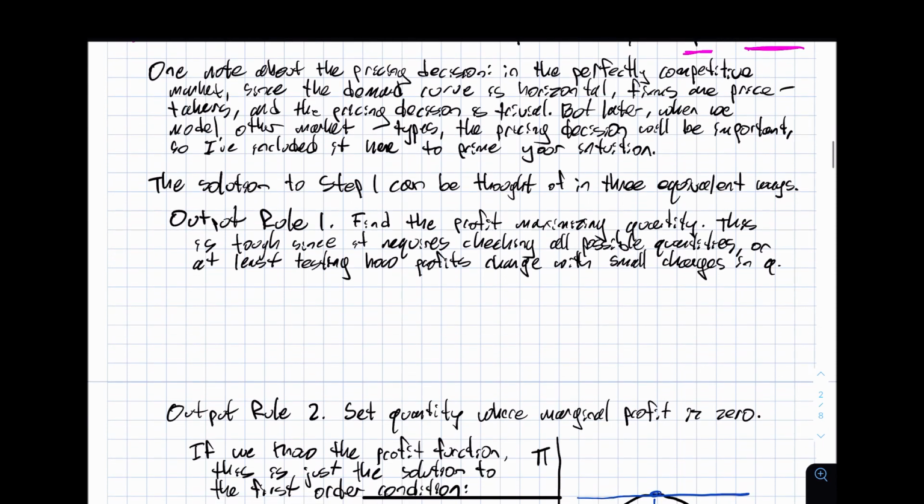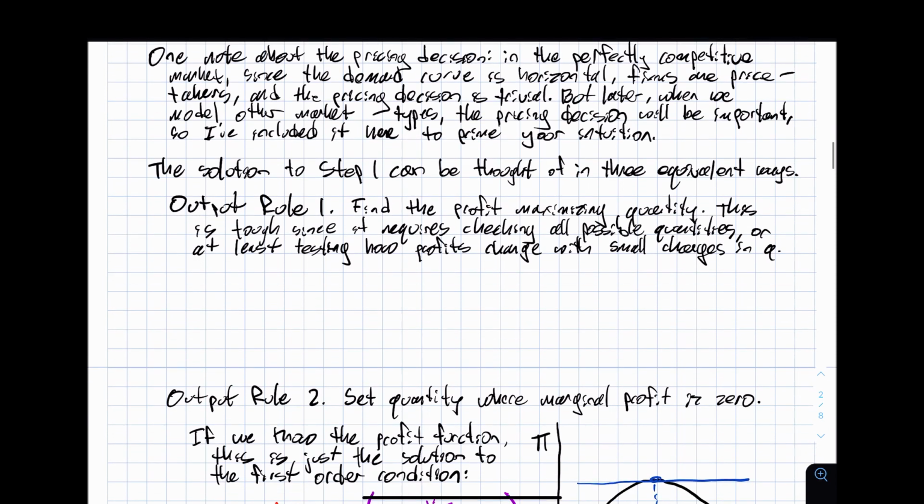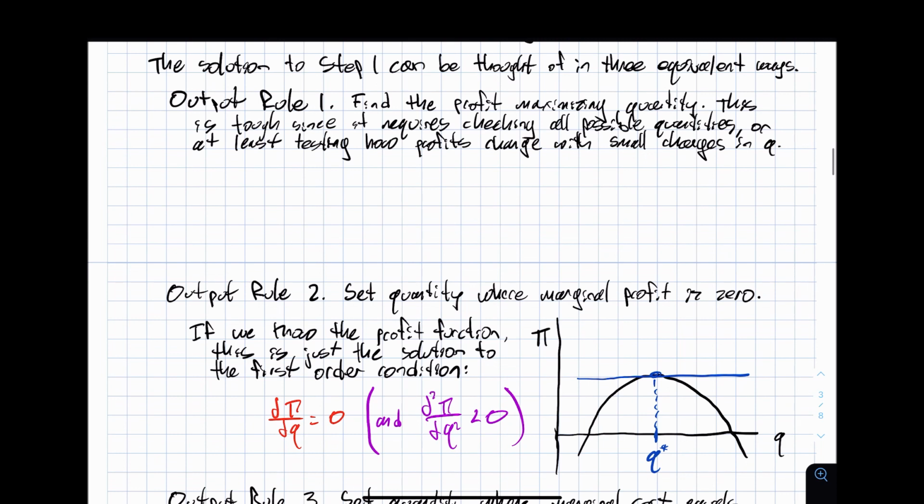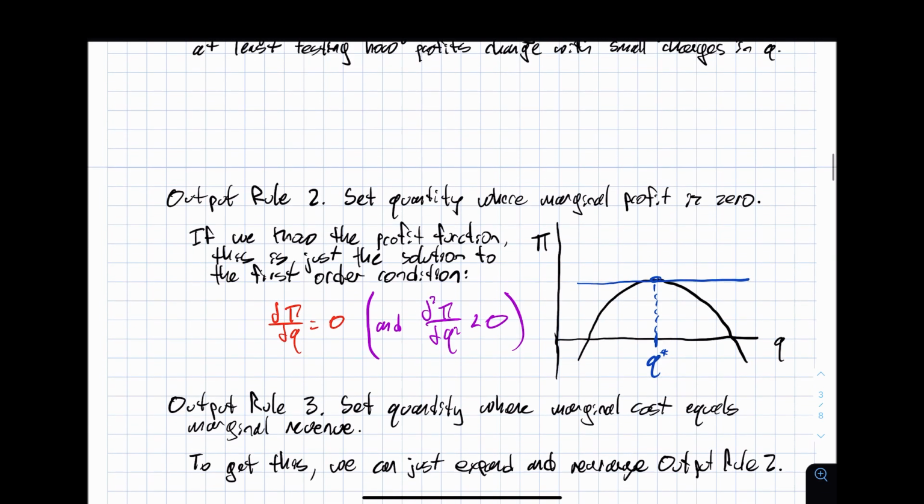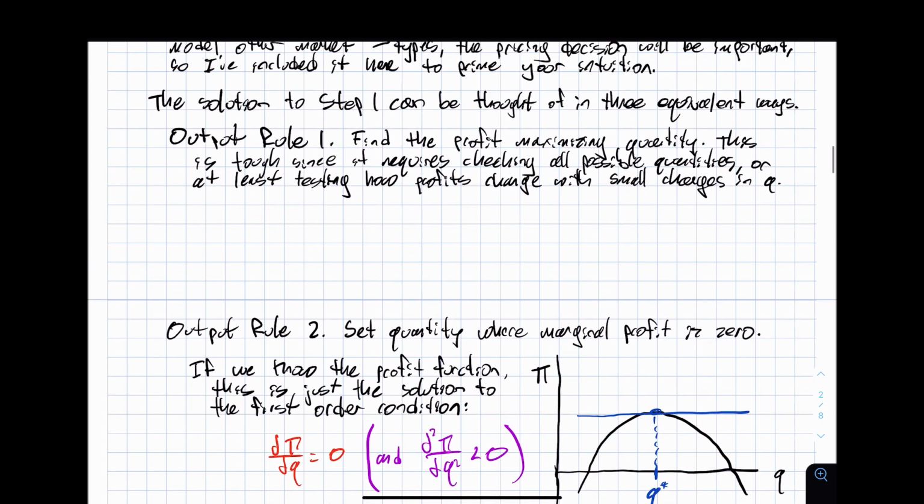Okay. So for step 1, our output rule, there are 3 sort of equivalent ways of thinking about it. The first is we look at a graph and try to find where profit is maximum. This works fine.